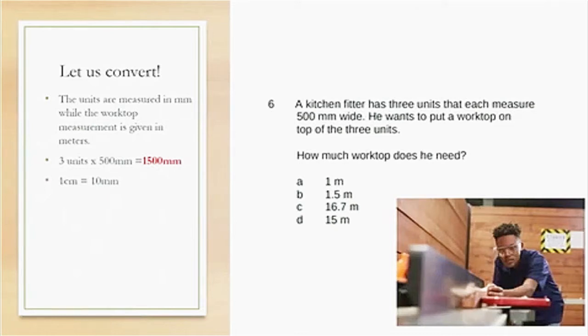But as I said before, your options are not in millimeters. They're in meters. So you want to convert your millimeters to meters. Let's see how we do that. There is some information that we need to have. 1 centimeter is equal to 10 millimeters. So for every 10 millimeters, you get 1 centimeter. Now, we are aware that 100 centimeters makes 1 meter.